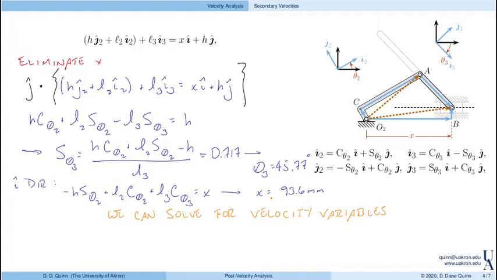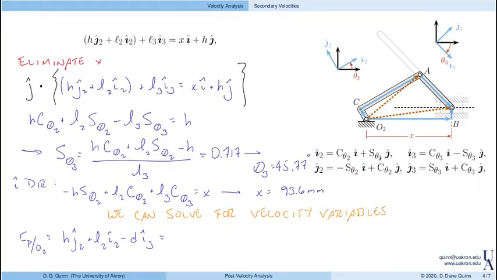This is not part of the problem, but just for completeness, the position of P in this configuration is, remember, h in the j2 direction plus L2 I2 minus d in the I3 direction.